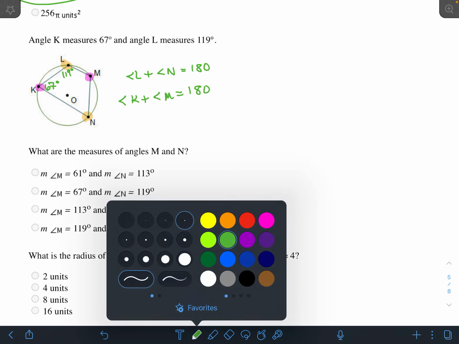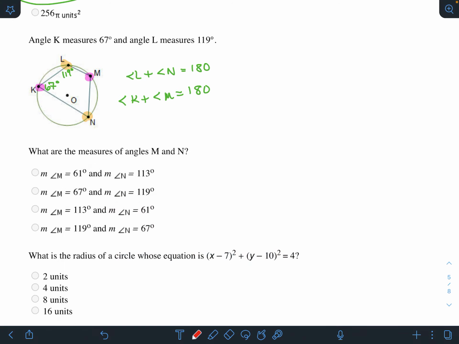So here angle L is 119, and then angle N, we are solving for that, plus 119 is equal to 180. We subtract 119 on both sides, and I get angle N is equal to 61 degrees.